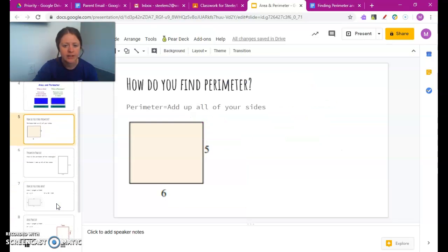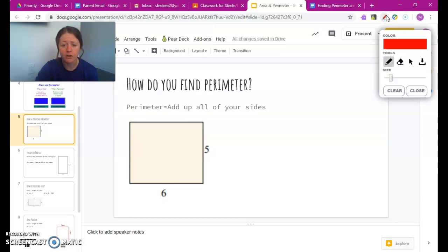This first one says, how do you find perimeter? Perimeter is when you add up all of your sides. As you can see, we don't know all of our sides, but as we talked about in the classroom, if you know a few of your sides, you can find the opposite sides. Here, if we know that this side is 6, then this side is also 6. Just like here, if this side is 5, this side is 5.